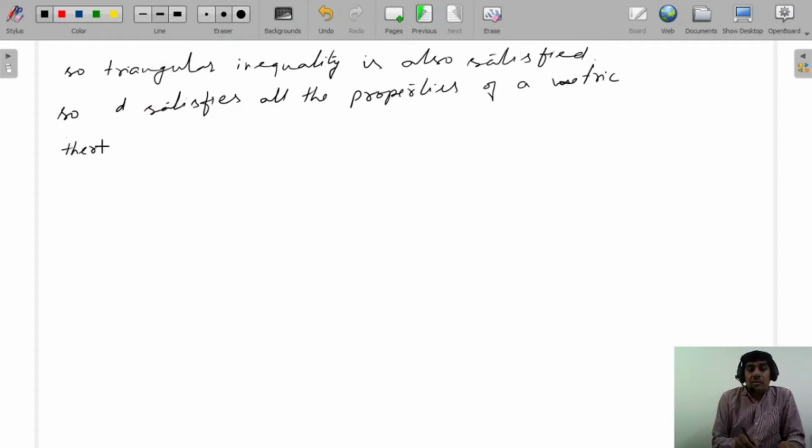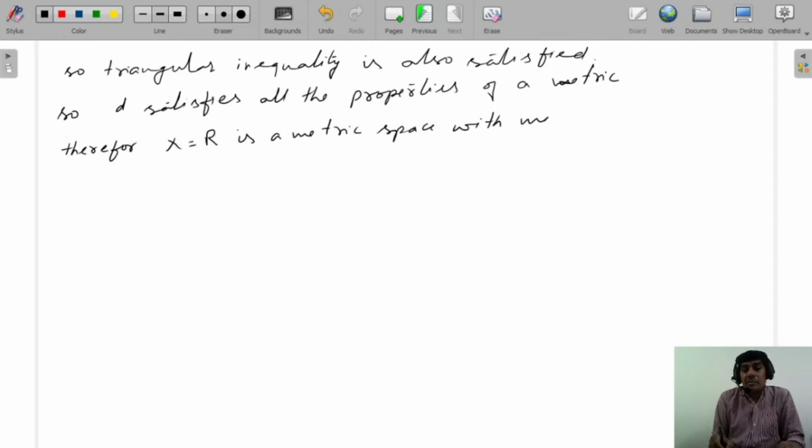Therefore, X is equal to R is a metric space with metric D. We can write it as (X, D) is equal to (R, D), where R is the set of real numbers.